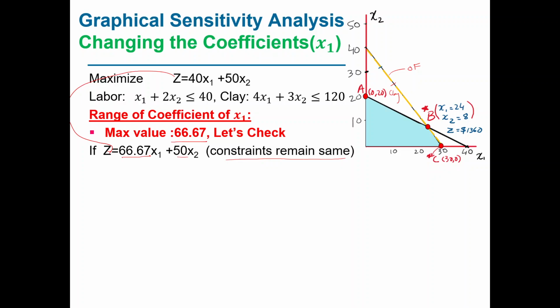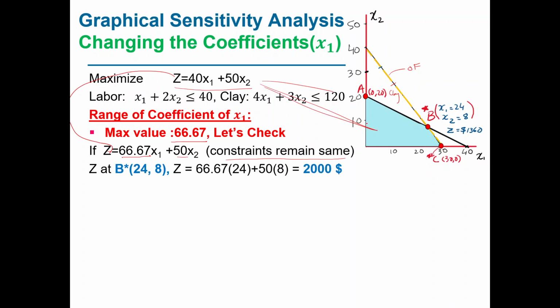Now we check the profit given by this equation at all three points A, B, and C. Point B, our optimal point, has the coordinates 24, 8, and the profit is $2,000. At point C, which has the coordinates 30, 0, when we plug these into our changed objective function, we still get $2,000.